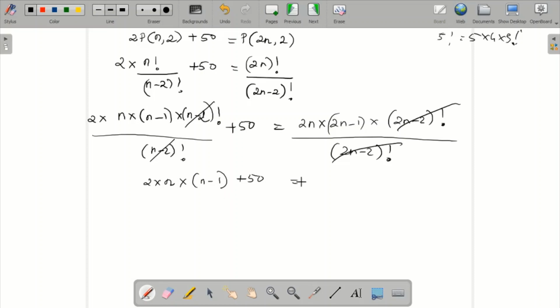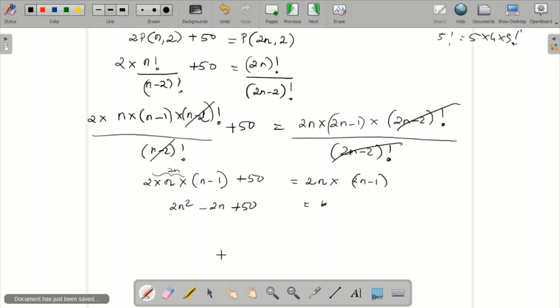Here also it will be 2n into (2n minus 1). So just multiply here. 2 into n is 2n, 2n into n is 2n square, minus 2n, plus 50.